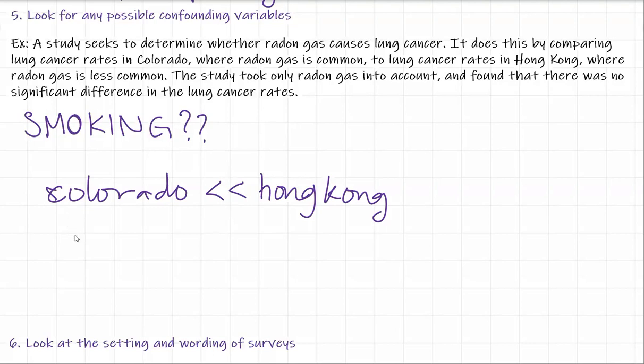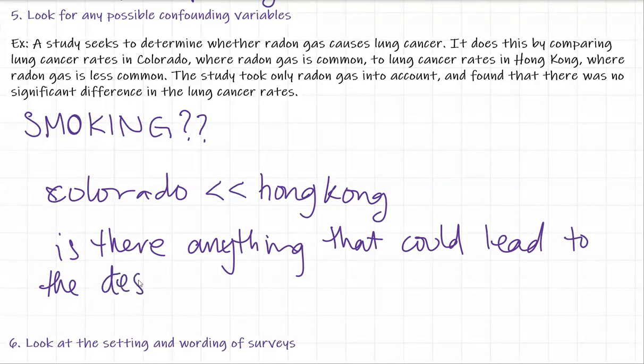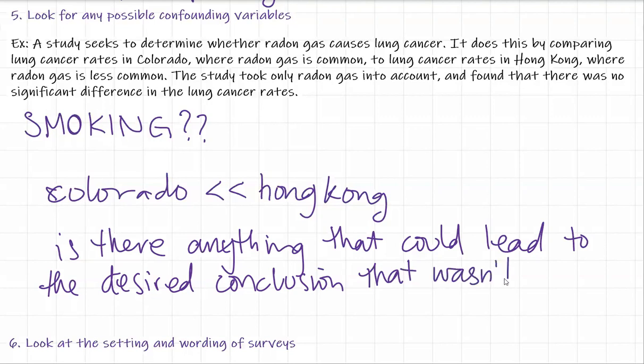All right, so when you're looking for confounding variables, you have to ask yourself the question: is there anything that could lead to the desired conclusion that was not already mentioned or controlled? Okay.